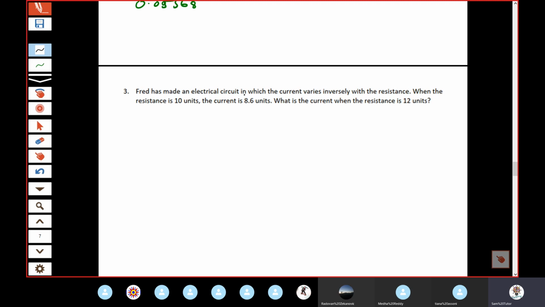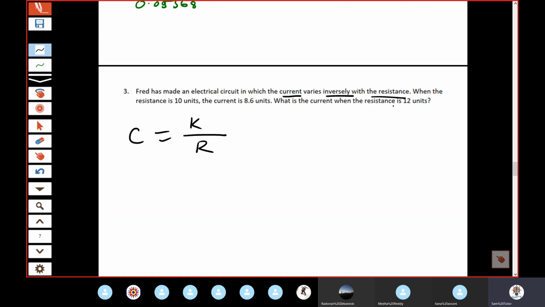Fred has made an electrical circuit in which the current varies inversely with the resistance. So it's not directly. So this time it's C equals K on R. It doesn't say cubed, it doesn't say squared, it just says it varies inversely with resistance.